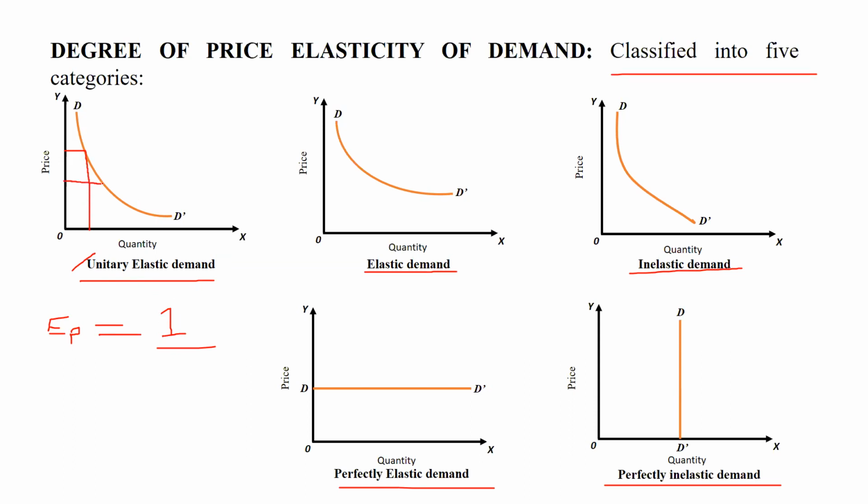When the price is this, then quantity demanded is this. So the proportionate percentage change in the price and in the quantity is the same, meaning numerator and denominator are equal, right? When we divide the numerator by the denominator, the answer will be 1.